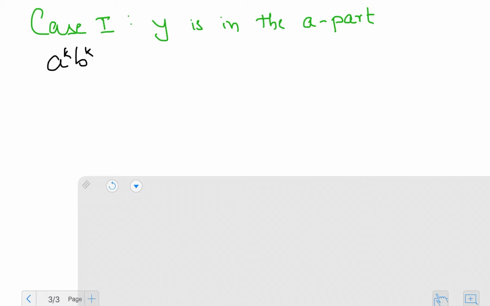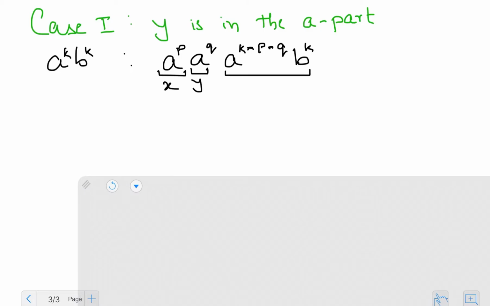Now I can represent this as a^p, then a^q, followed by a^(k-(p+q)), and then b^k. The reason I've written it like this is because this is my x, this is my y and this is my z.